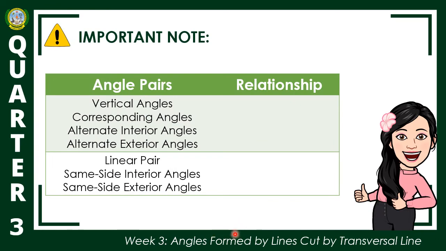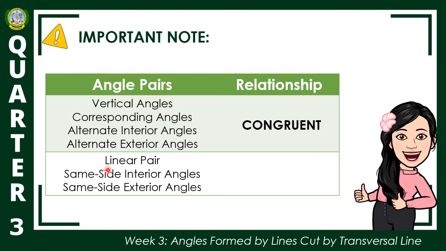So, i-summarize lang po natin yung mga relationship ng ating angle pairs. Tatandaan po kapag vertical yung angles, corresponding, alternate interior, alternate exterior, laging tatandaan na congruent po yung mga measures nila. Okay? Congruent, which means that the measure of the first angle is equal to the measure of the second angle.